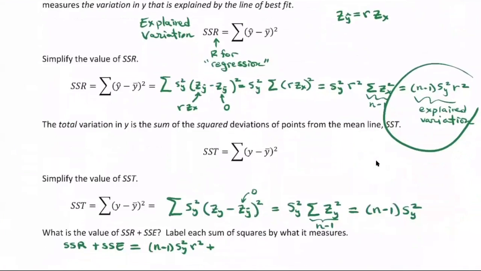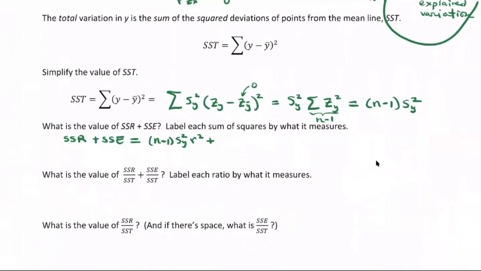So it's really similar. N minus 1 sy squared, and then this has a 1 minus r squared, like that. Once again, there is some factoring you can do. How about if we go a line below and factor out the n minus 1 and the sy squared?